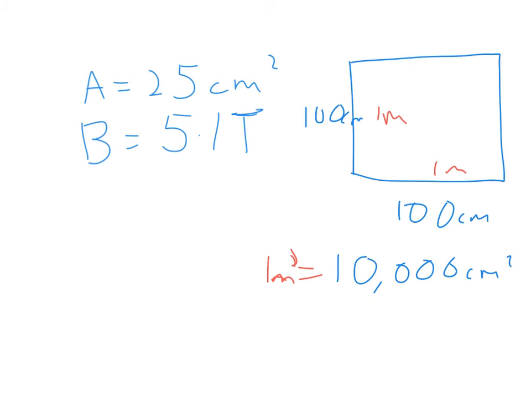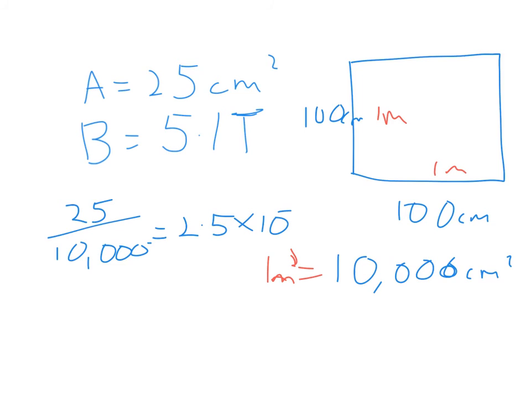So 1 meter squared is equal to 10,000 centimeters squared. If we wanted to change 25 centimeters squared into meters squared, we have to either multiply or divide that by 10,000. We know the number is probably going to get smaller if we're going from centimeters squared to meters squared, so we're going to divide it. So 25 divided by 10,000 gives us 2.5 times 10 to the minus 3 meters squared.